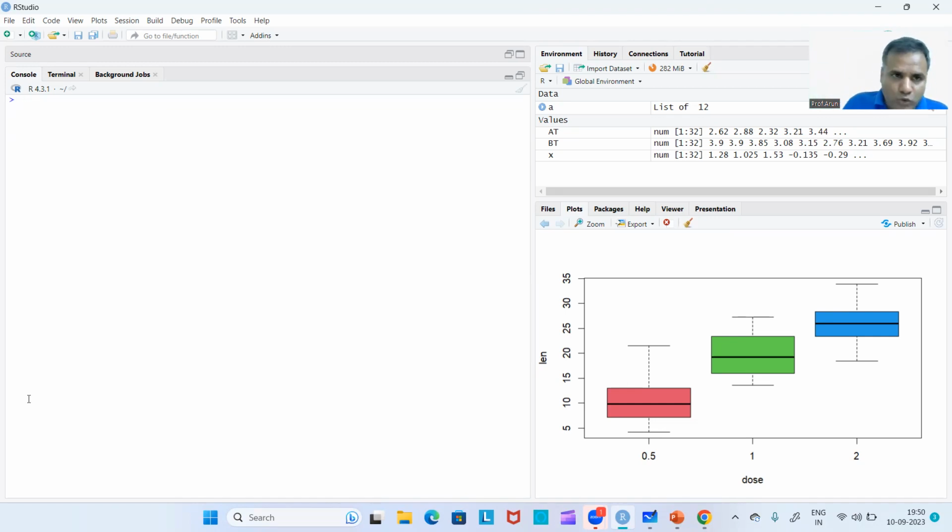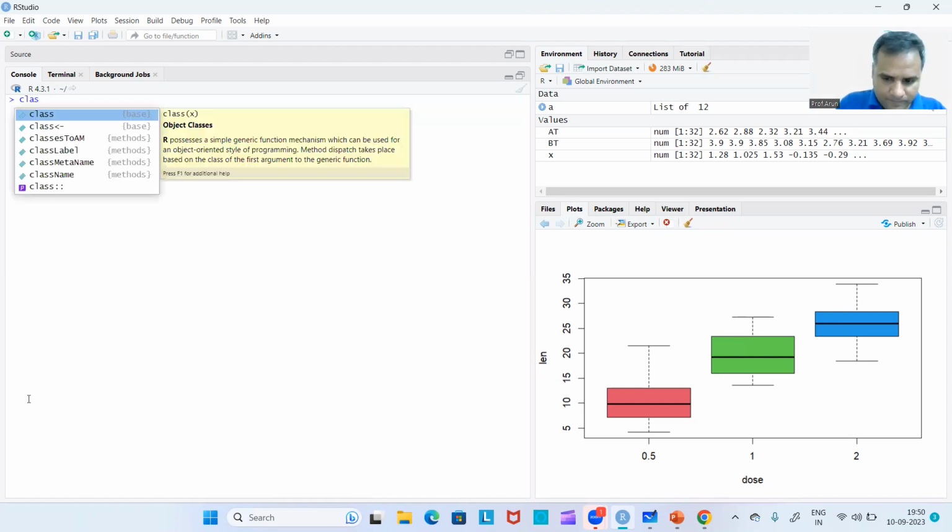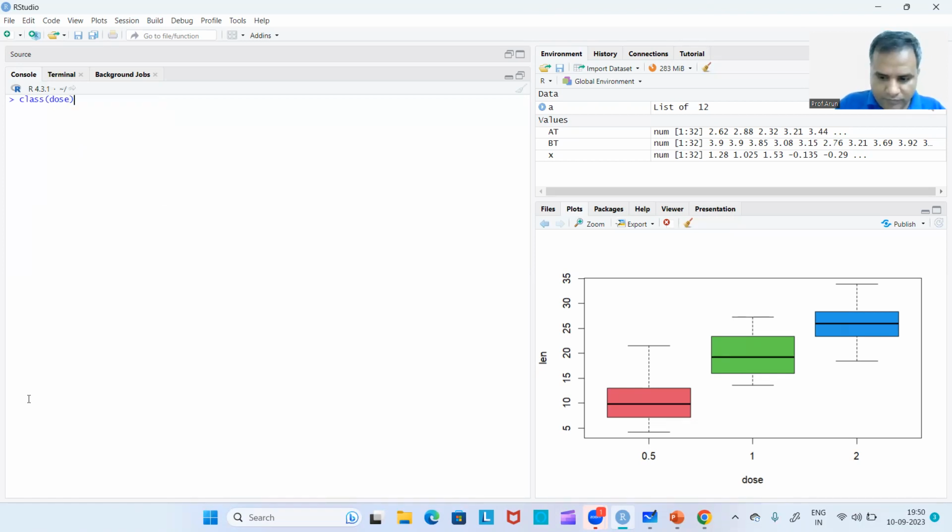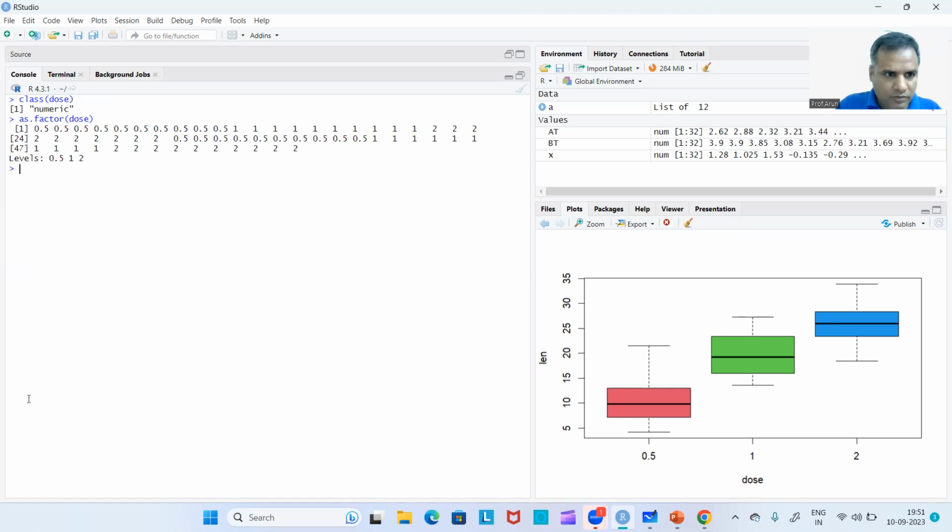Now, first, what I need to do. Please understand that the class of this dose is numeric. I need to change it to factor. So the command is as.factor(dose).